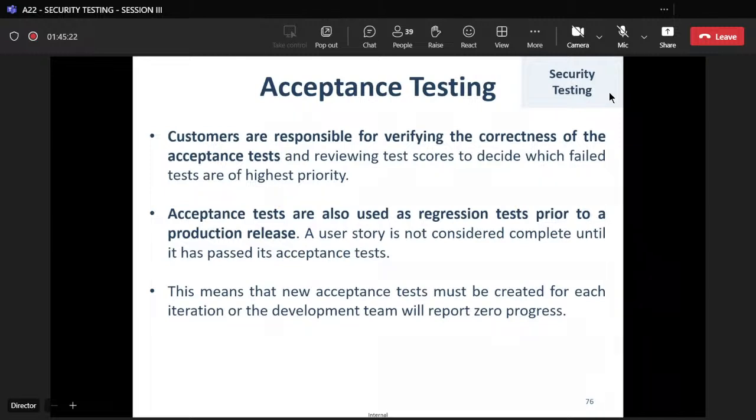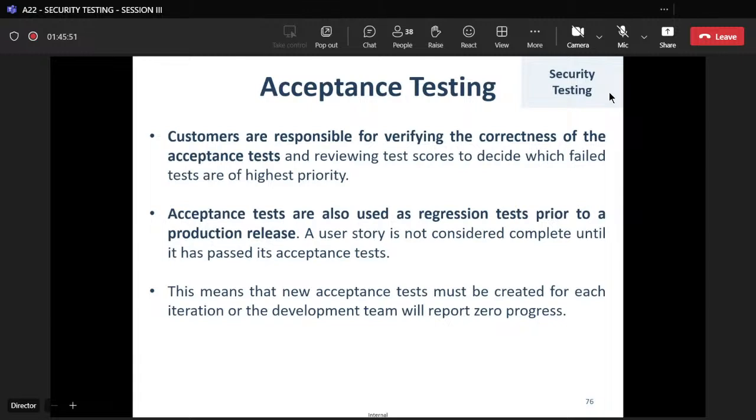They decide whether the test is a pass or a fail based on the outcome of that particular test. Acceptance tests are also used as a regression test prior to the production release, and one of the mandatory tests that cannot be omitted before the production of any application program.